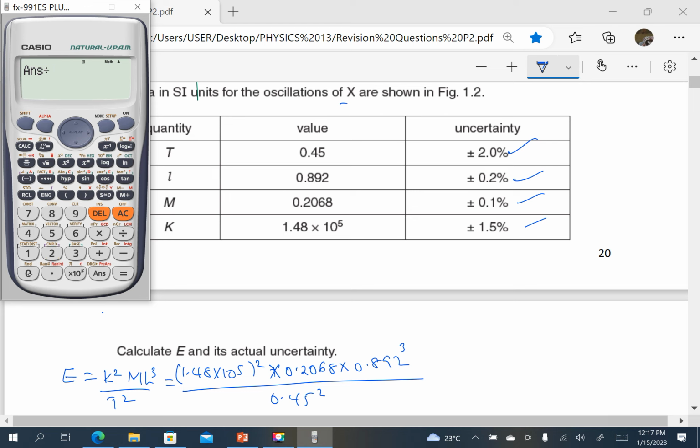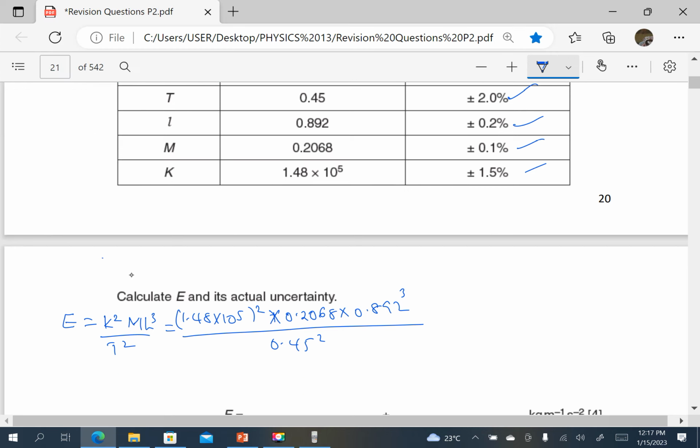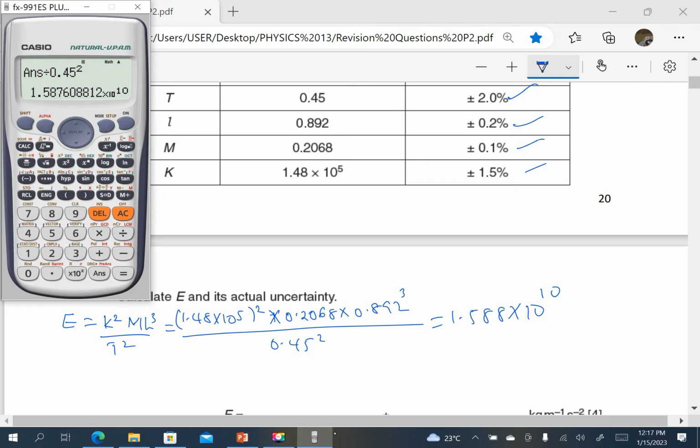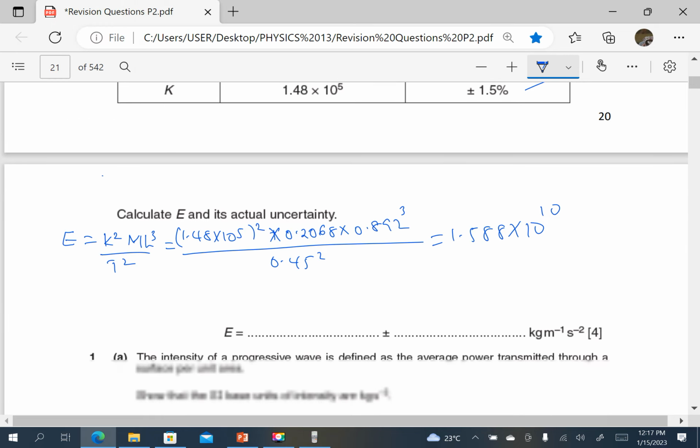Then divide by 0.45 squared. So this is 1.588 times 10 power 10. Yes, times 10 power 10.